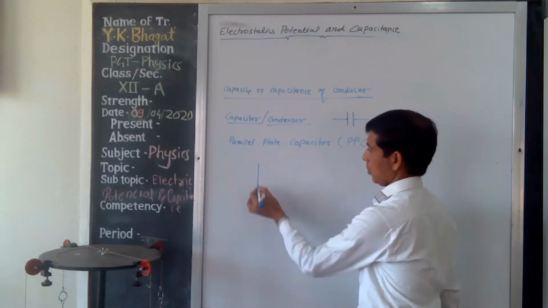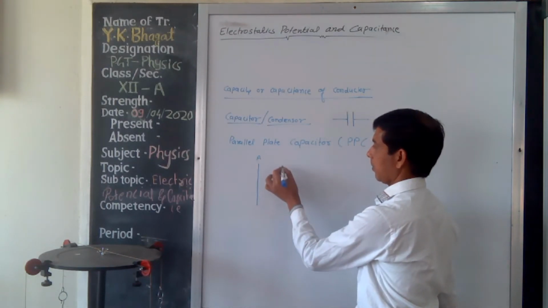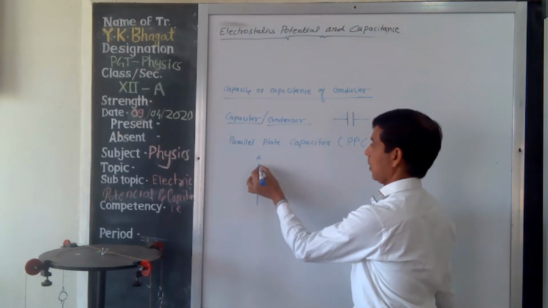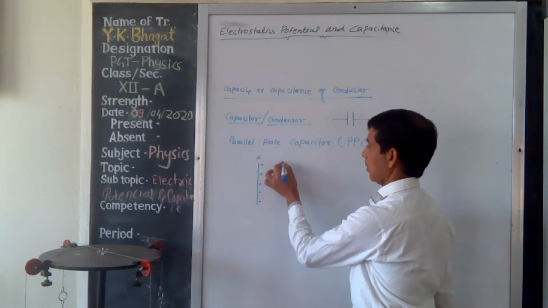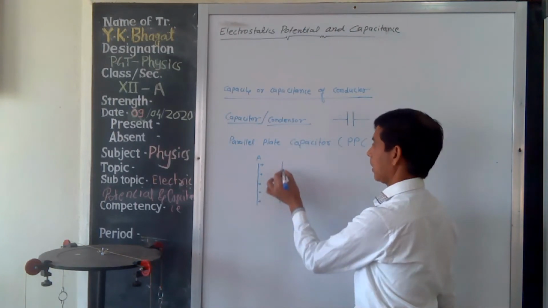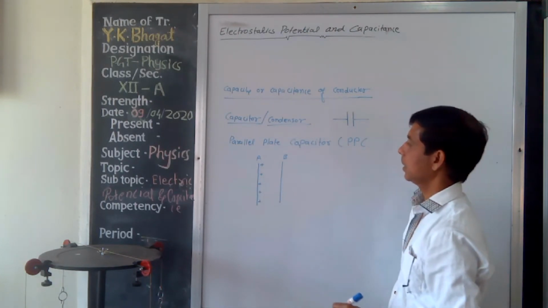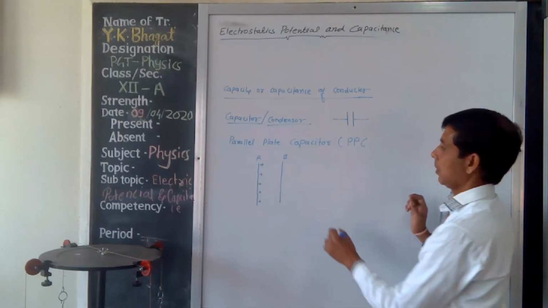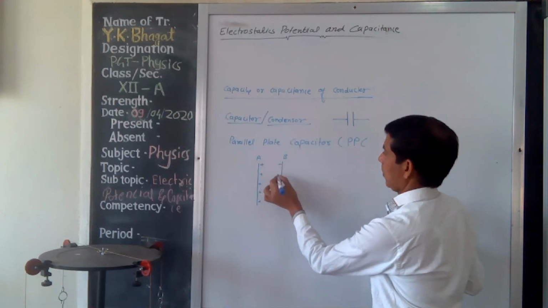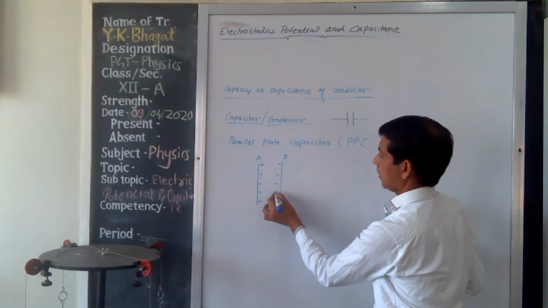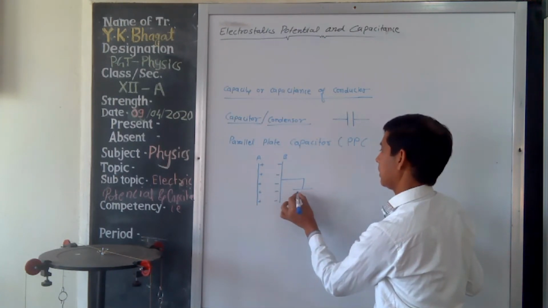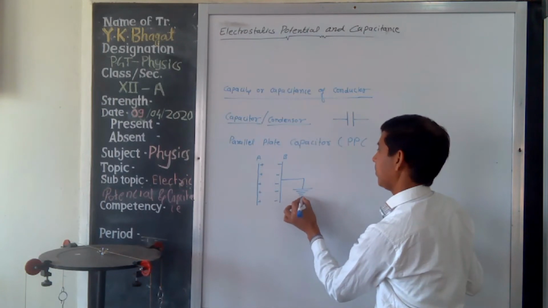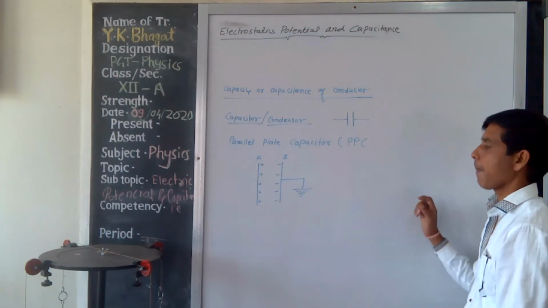Here is the diagram of the parallel plate capacitor. A plate A having charge plus Q, and another parallel plate, an identical conductor. Due to induction, the same amount of opposite charge is induced, and it is earthed. It is the diagram for the parallel plate capacitor.